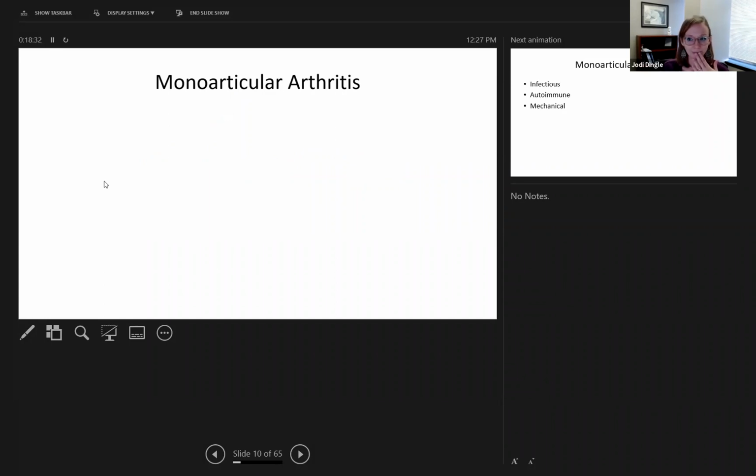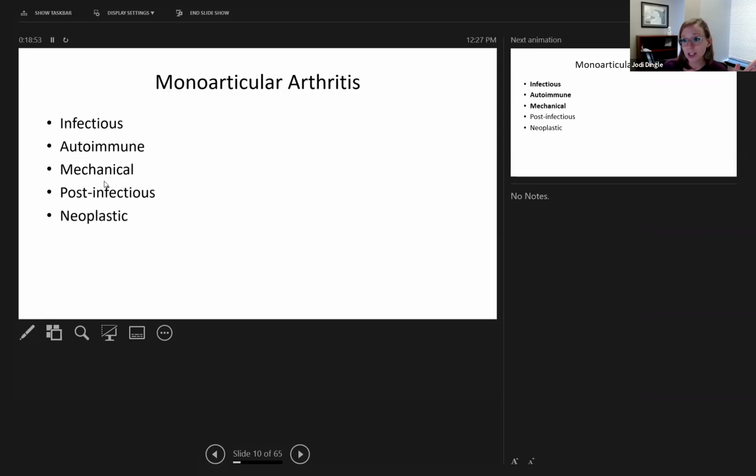Anybody? So when I think about monoarticular arthritis, the big three that I think about are infection, autoimmune, and then mechanical reasons. Post-infectious and neoplastic are possible, but less likely than infectious, autoimmune, and mechanical.